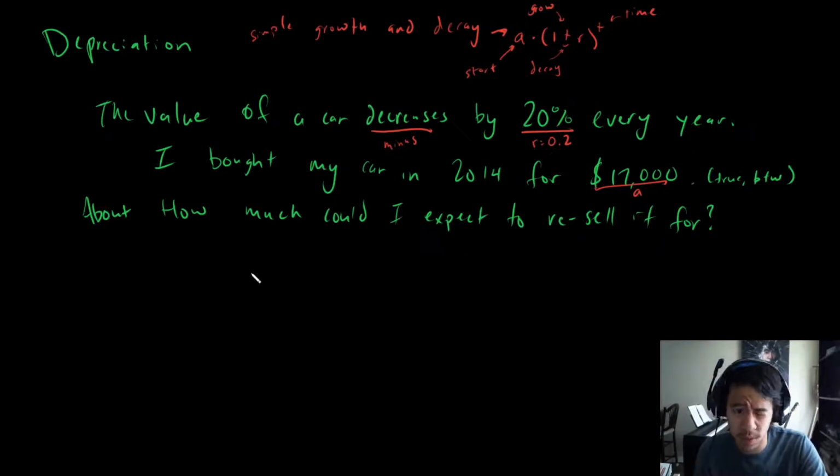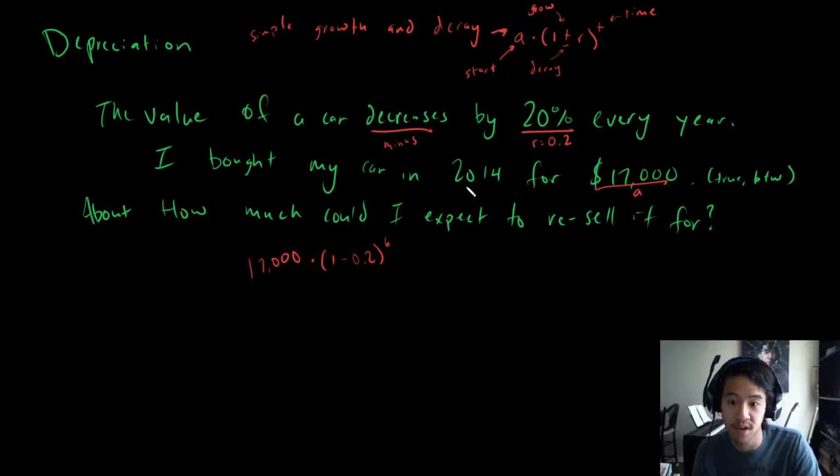So let's set up our equation. We have 17,000 as our A value, multiplied by 1 minus, because this is a decrease by 20%. And our rate is 20%, so we have 0.2. And then T is our time. So we have 6 years because it's 2020 right now.